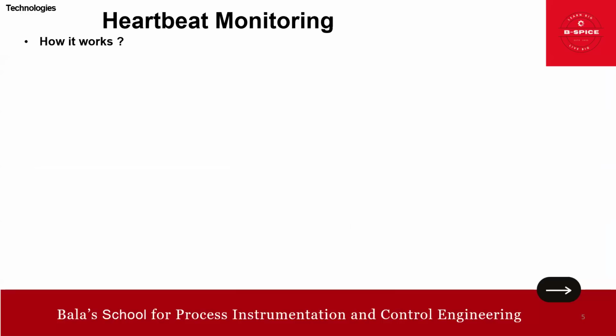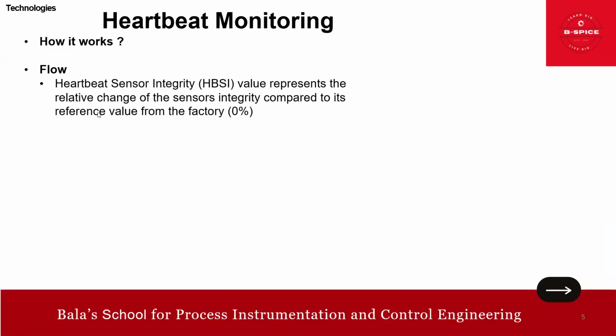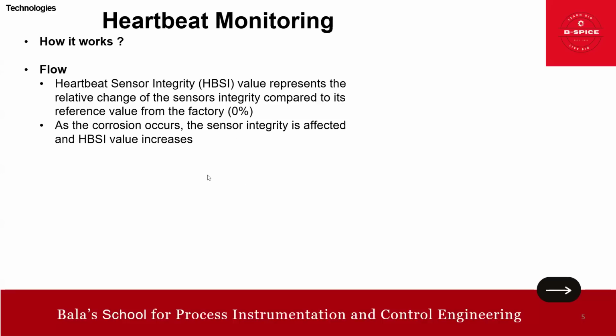So how does it actually work? For flow, the heartbeat sensor integrity value, that is HBSI, represents the relative change of the sensor integrity compared to its reference value from the factory, from the original design. As corrosion occurs, the sensor integrity is affected, and thereby the HBSI value increases.